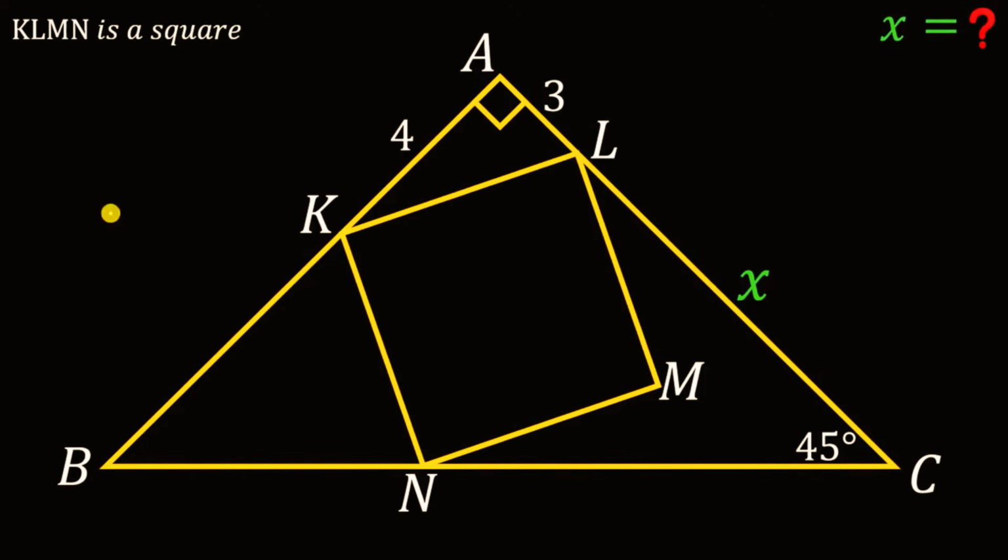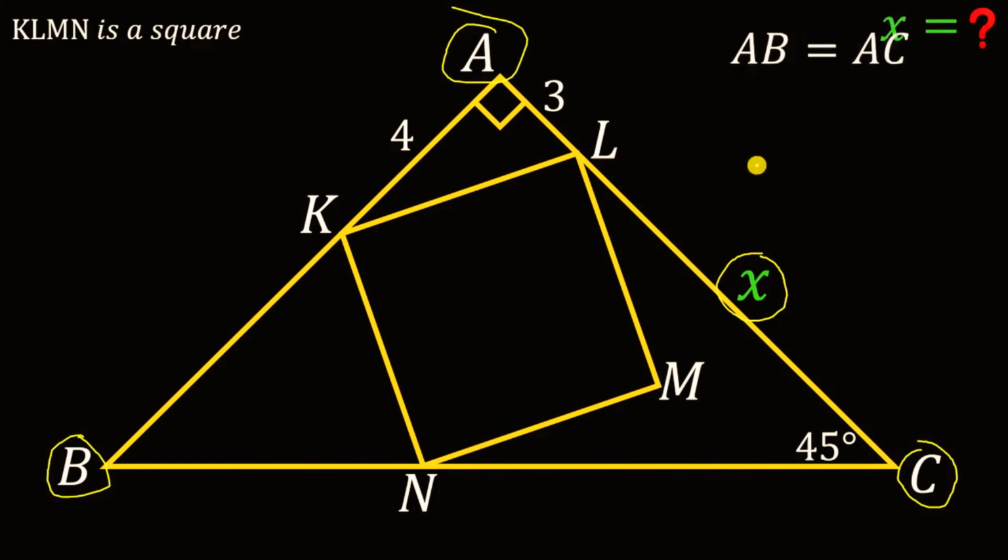Alright. Now, given this condition, our goal is to find the value of this X. To answer this question, we will need the concept that this triangle ABC is an isosceles right triangle. What does it mean? Side AB must be equal to side AC.